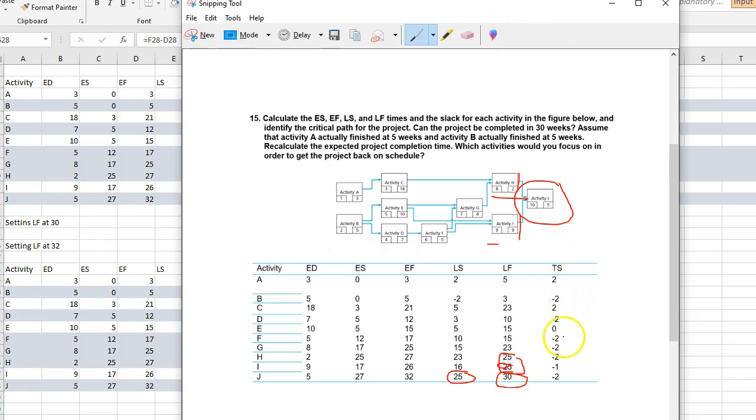And what this slack is, let me change the different color real quickly. So let's do a blue pen, see if that makes some difference here. So this slack is late finish minus early finish, and it tells us if there's any slack in that activity.